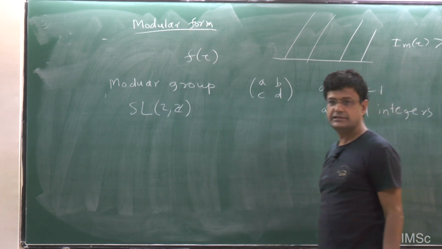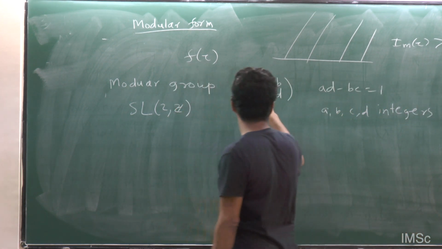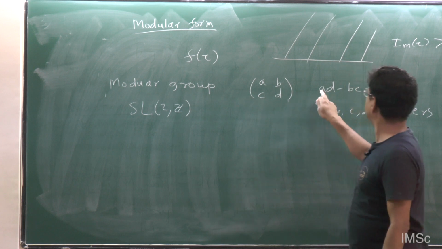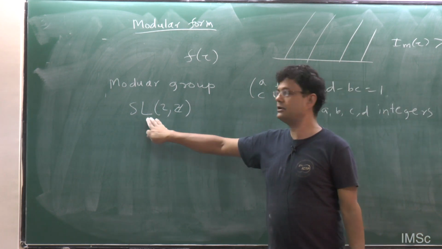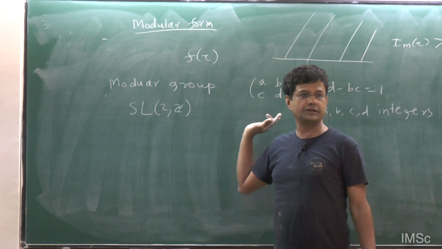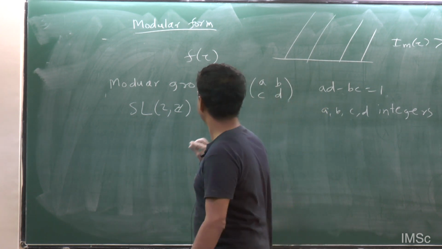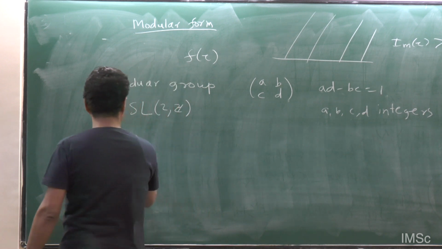So a, b, c, d are integers, and the determinant of this matrix is 1, that is, ad minus bc is 1. So it's special because, as the determinant is 1, it's a subset of general linear transformations with integer coefficients. That's called the modular group.